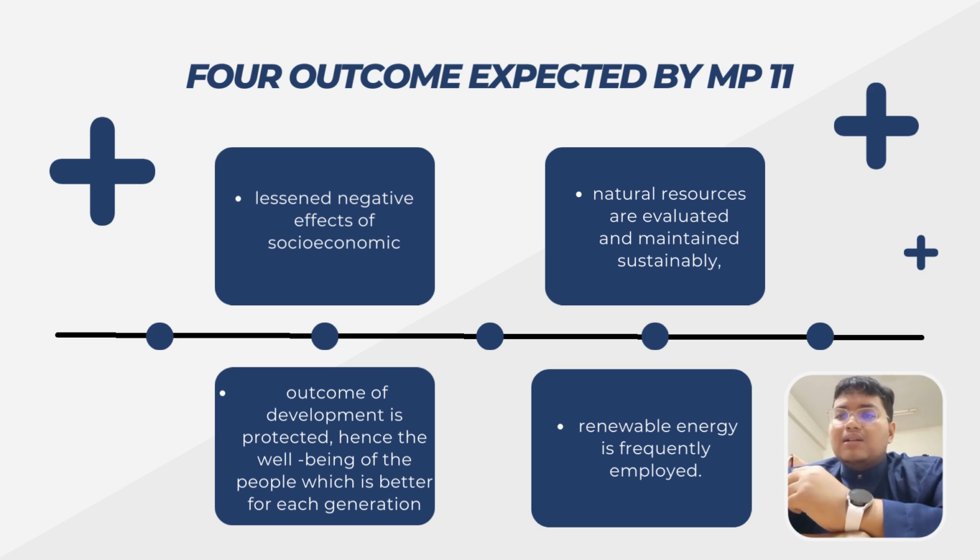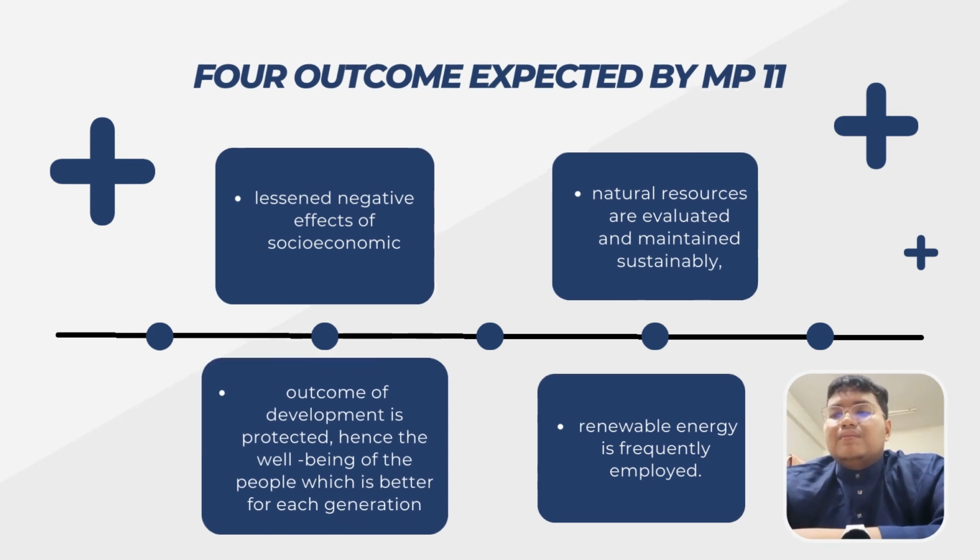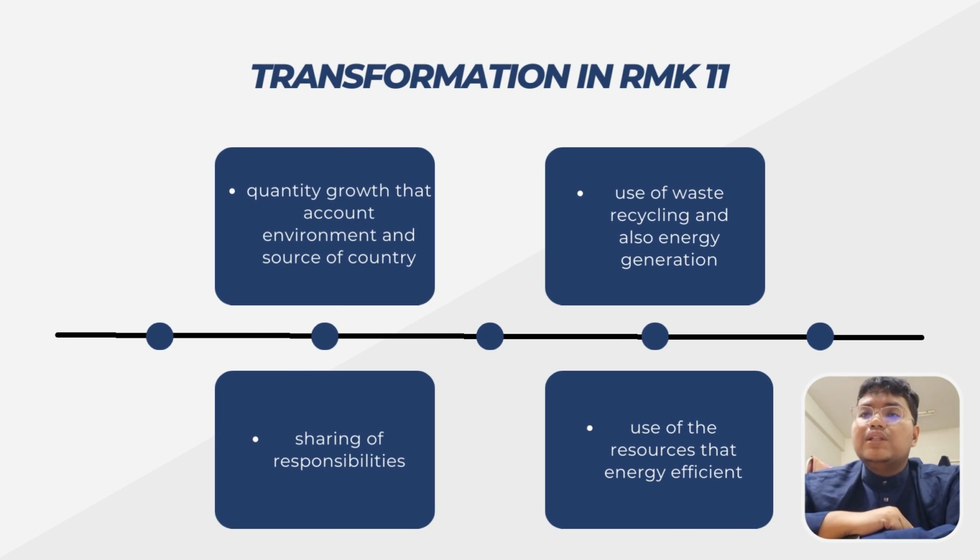Third, the outcome of development protects the well-being of the people, which is better for each generation. And the last outcome is they want renewable energy to be frequently employed. So we go to the next part, that is transformation in RMK11.